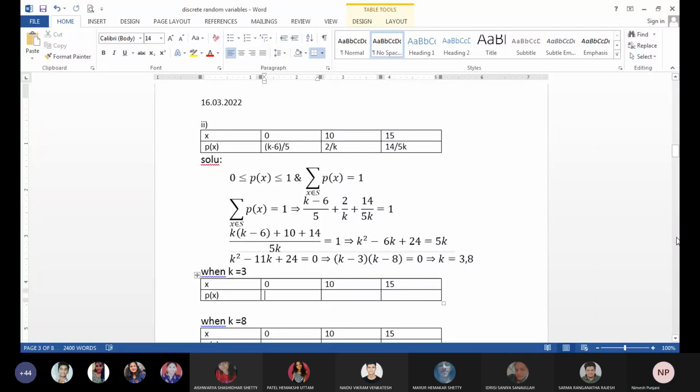So suppose first we take k equals to 3. So what will be my p of x का value when x is 0? p of x ऊपर दिया हुआ है क्वेश्चन में, राइट? तो जब 0 है तो मेरा p of x क्या था? k minus 6 upon 5. Okay, when your x is 0, तो मेरा p of x is k minus 6 upon 5. So what will be your p of x when k is 3?